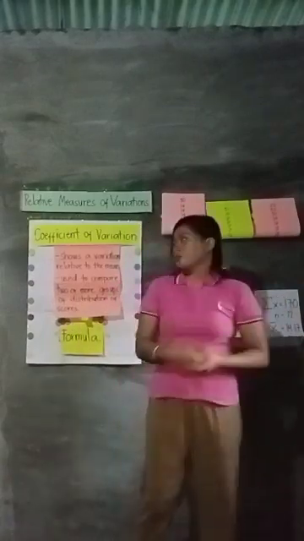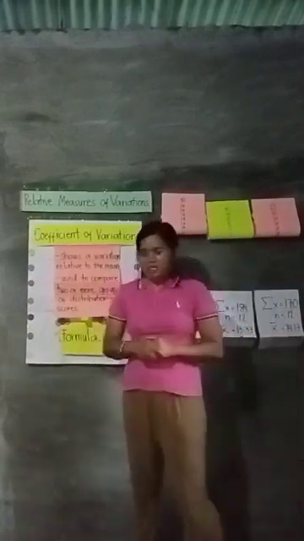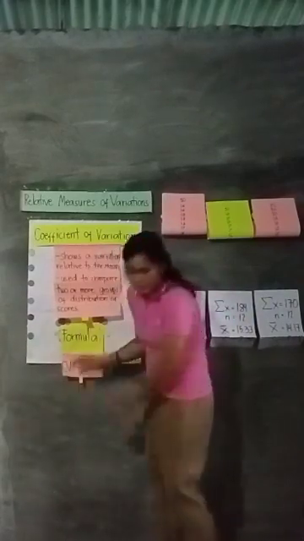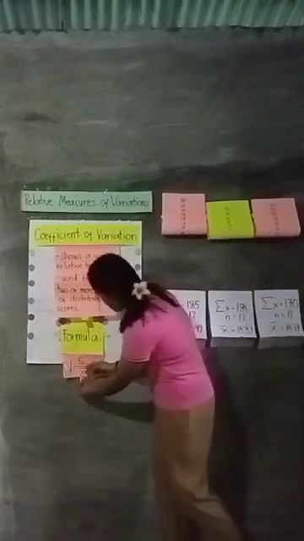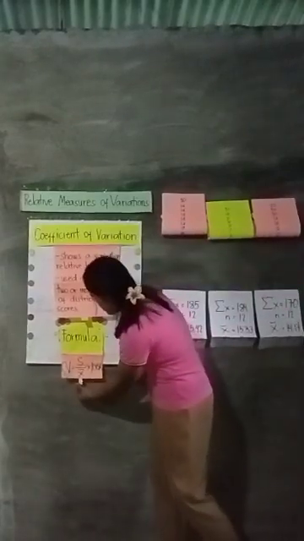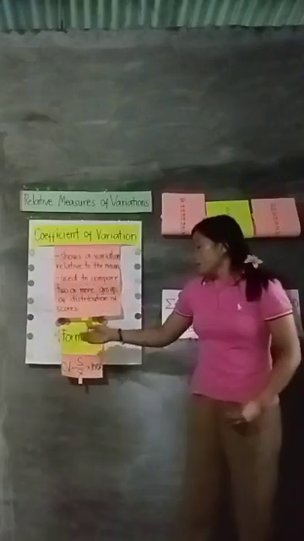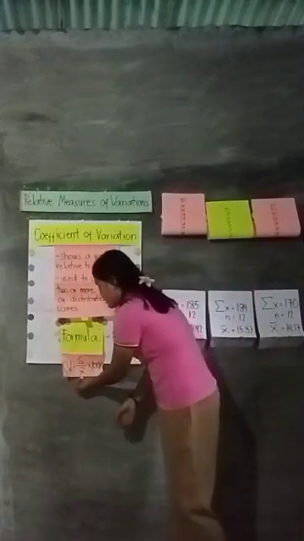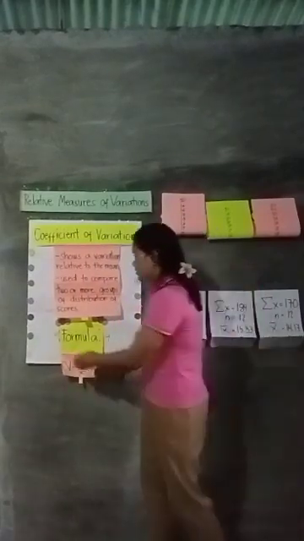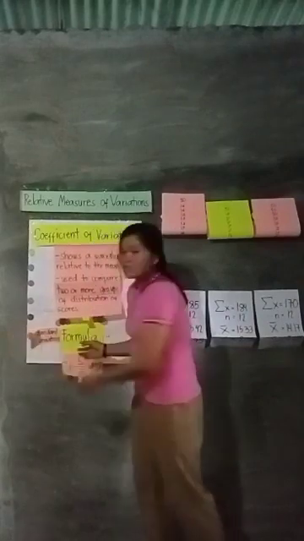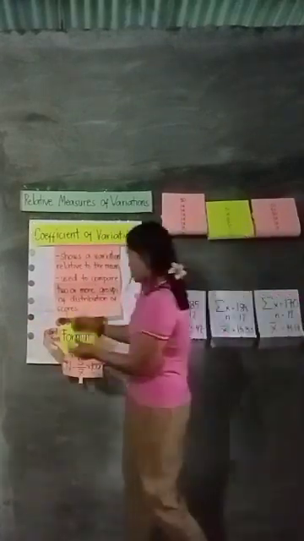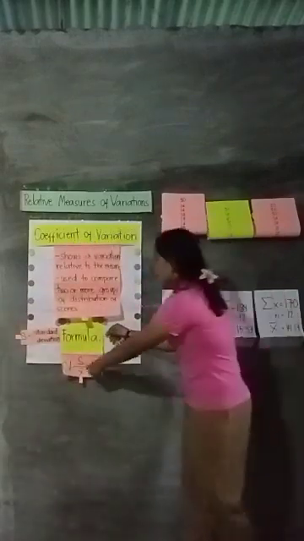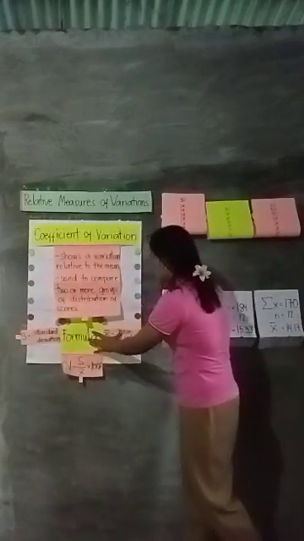So, I have here the formula of coefficient of variation. This is the formula. So, coefficient of variation is equal to S, where S stands for standard deviation, and then this one stands for the mean value.